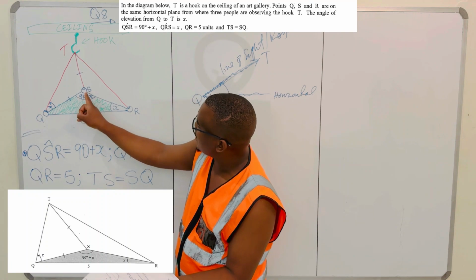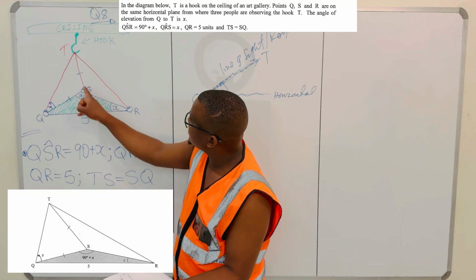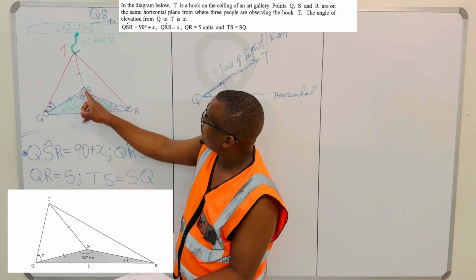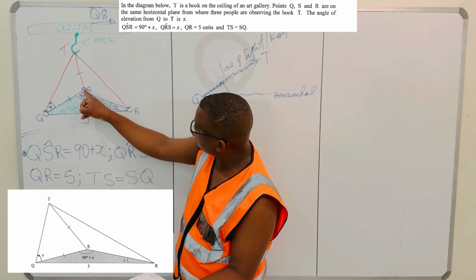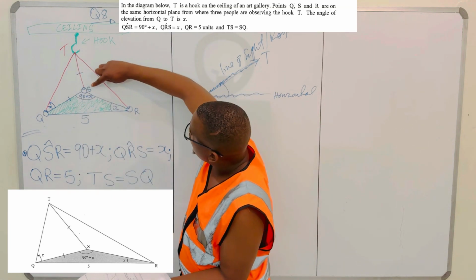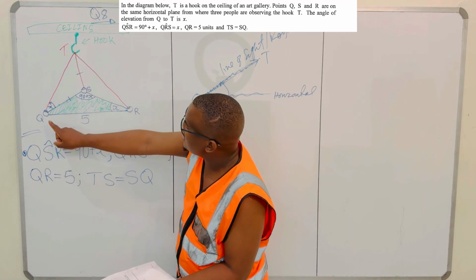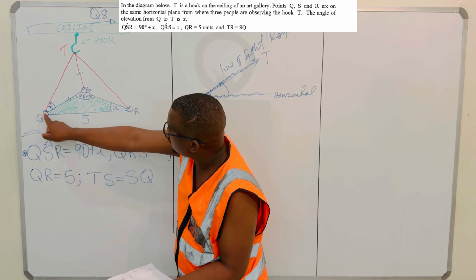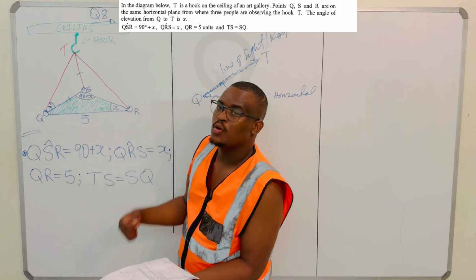which is the distance between this guy and that guy, because these are two people. QS is the distance between these two guys, and TS is the distance between where your person is and your hook T. So QS is this distance from the person to the hook T. So they're saying the distance from Q, from this person Q to the other guy, is equal to the distance from the other guy to that hook there.